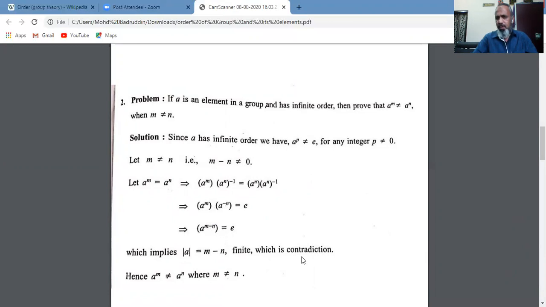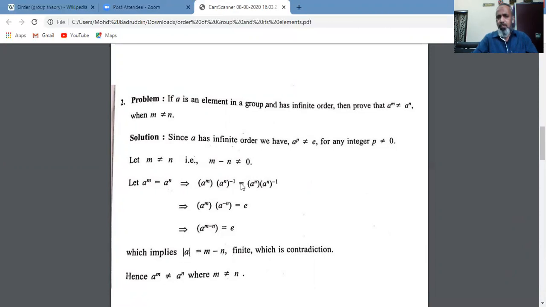Which is a contradiction. The order of A is infinite, but here we are getting the order of A as finite, m minus n. So what we have taken here is, if a to the power m is equal to a to the power n, then we get the order of A as finite.